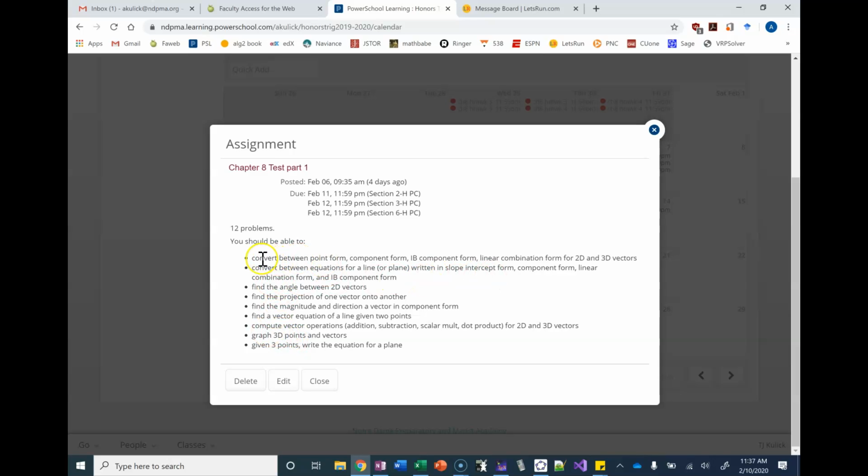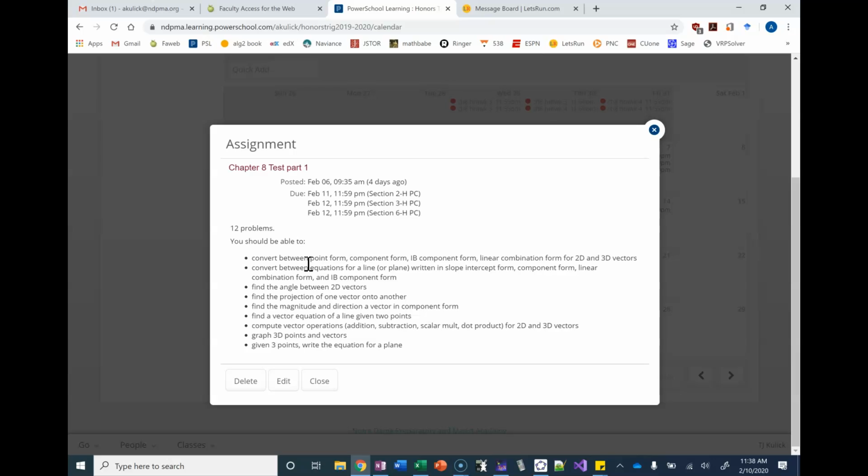No, what we're really talking about in number 1, though, is basically just converting between the different ways to represent a vector. And in number 2, you're looking at the different ways to represent lines or planes. So you should be able to write your answer in the form that I request for a problem, or be able to get the information you need from one form to another.